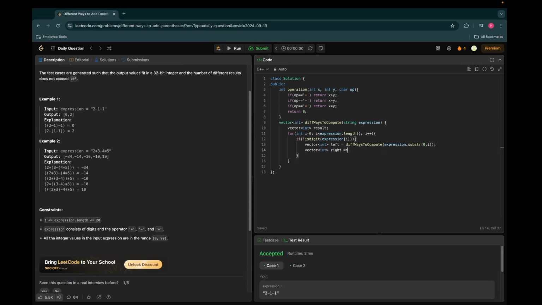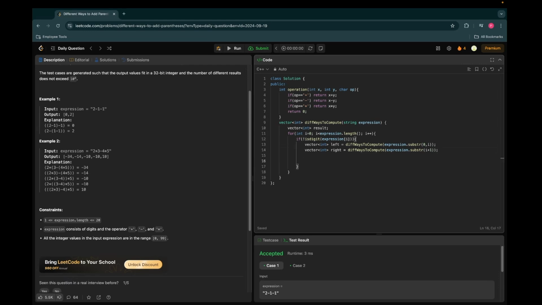Similarly, again we will call this function recursively, diffWaysToCompute, on expression dot substr i plus 1 till the end.